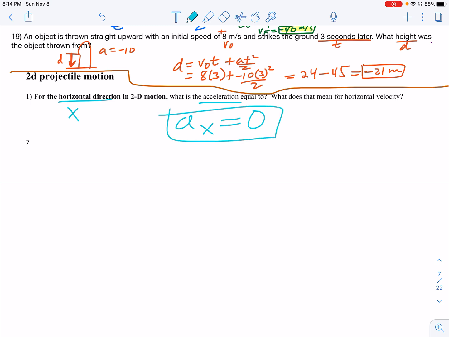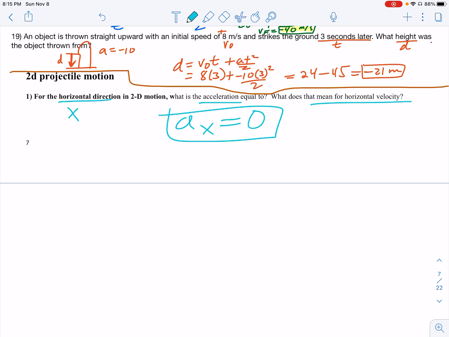There's no net force in the x direction for a projectile that's in the air, unattached by whatever fired it forward. So that force is no longer pushing it forward. The force, like from the baseball bat or the foot or the gun. So ax is 0. So that's an important point.